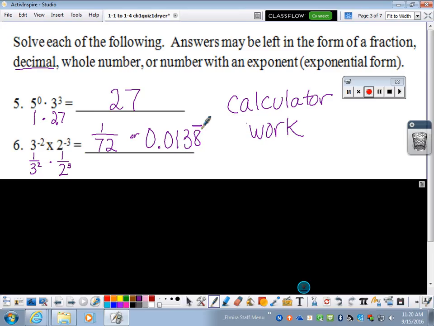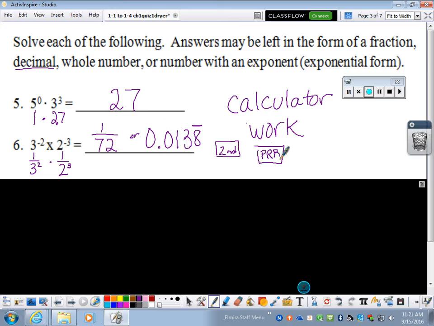Well, let's say you want to answer that as a fraction. If you have this on your calculator screen, you can type second and then the PRB button.